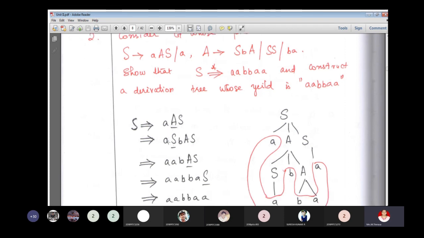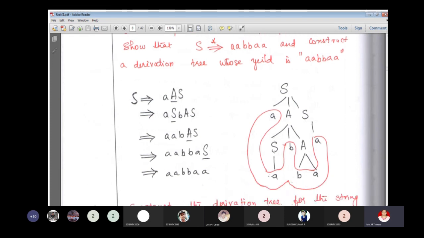Again, you have to replace this S by a, and then you can replace this A by ba. At last, you can replace this S by a, so that when you collect the leaf nodes from left to right, you are able to get aabbaa. Okay, so this is about the derivation and the derivation tree. Each and every derivation can be represented with a graphical representation called derivation tree or parse tree.